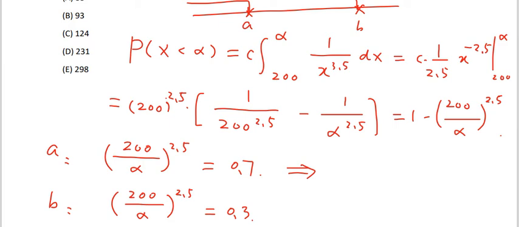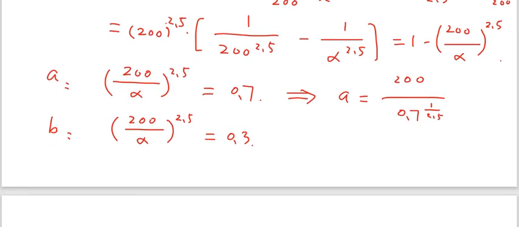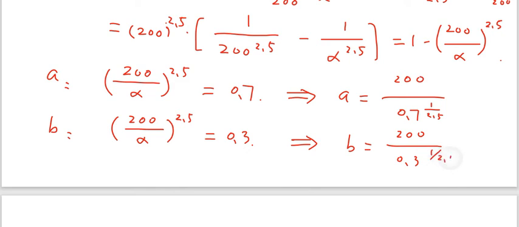So a equals 200 over 0.7^(1/2.5). In the same way, b is 200 over 0.3^(1/2.5).